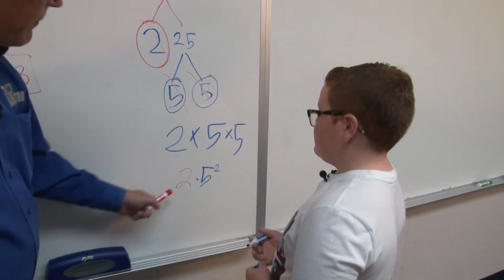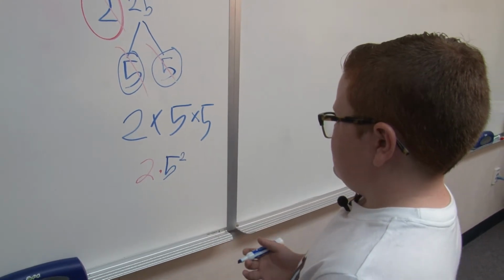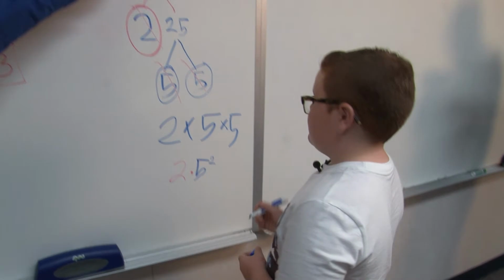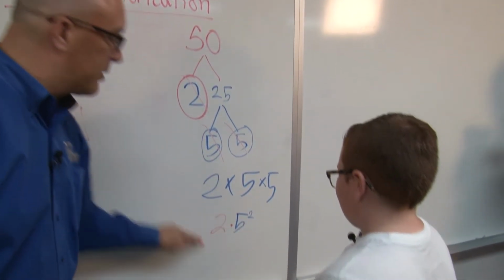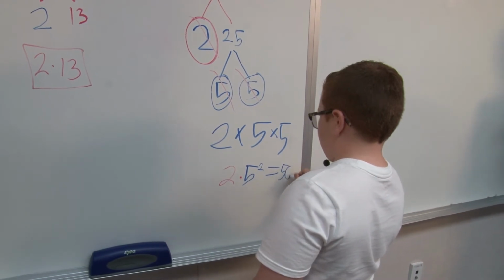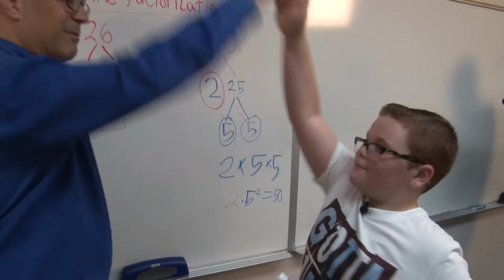So now take a look. What's 2 times 25? 50. That's what we started with, right? So go ahead and box off your answer there. There you go. So prime factorization, we did it all. Gavin, perfect work.